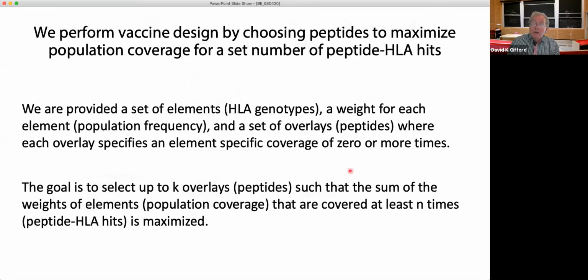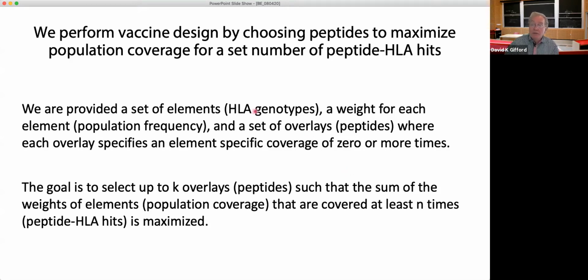So we can perform this design task using a problem we call maximum n times coverage, which is a new class of problem in combinatorial optimization that we introduced to look at this task.